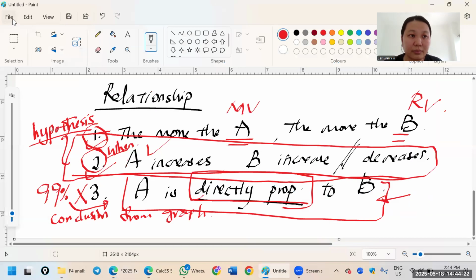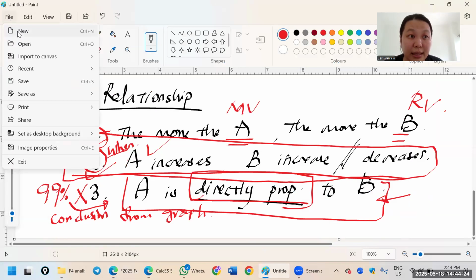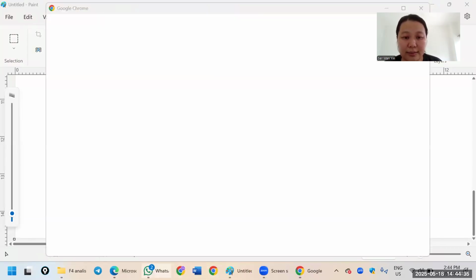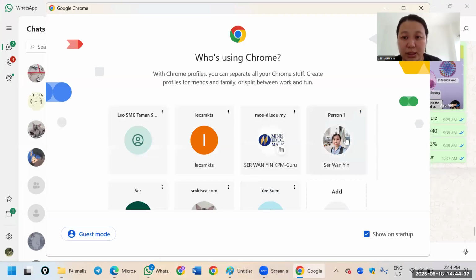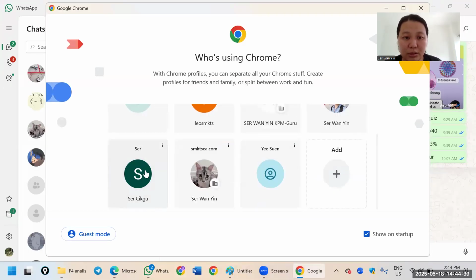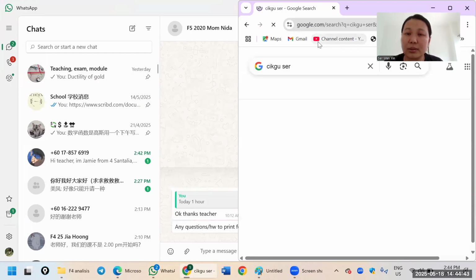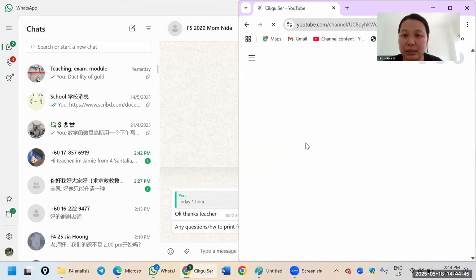You mean Cikgu's, the green color one? The green color with hundreds of subscribers, that one. I am not sure with it. Yes, it is. I think it's this one.